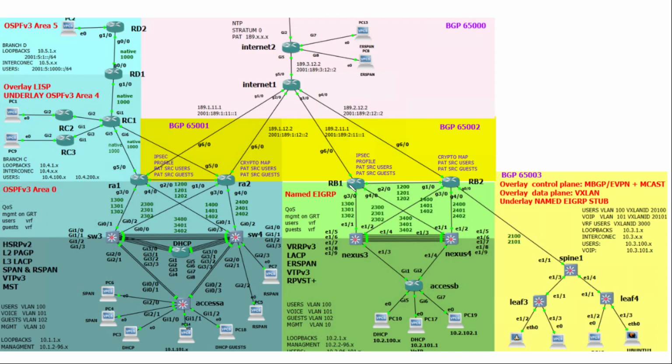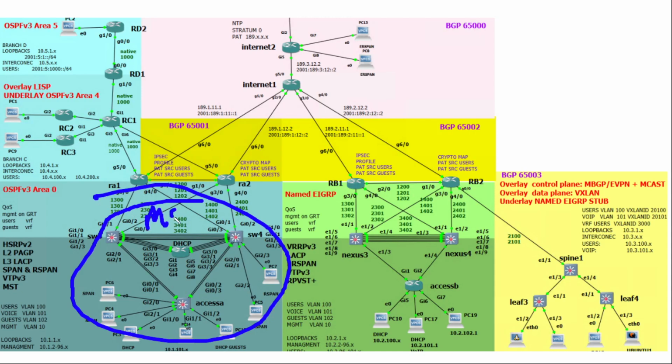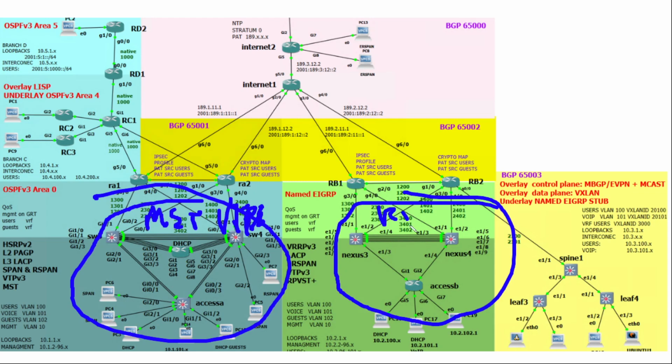So let's jump into the lab. We are going to configure MST here with the help of VTP version 3. We are going to configure here rapid per-VLAN spanning tree plus. We are going to configure 2 instances here.